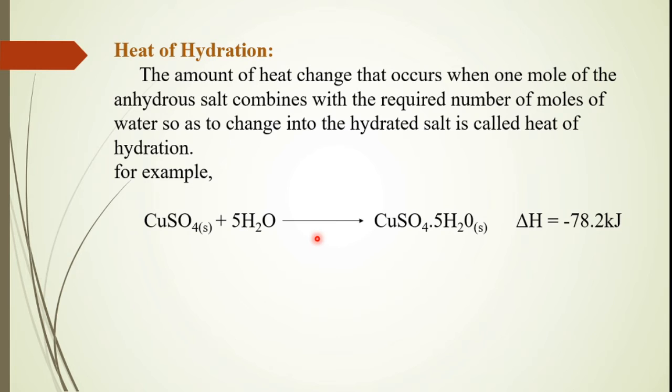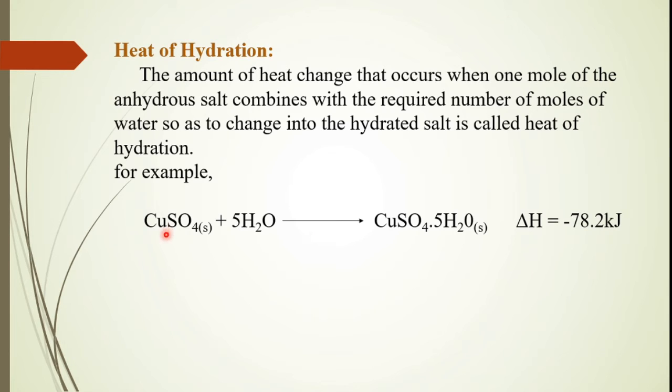So the next is heat of hydration. That is the amount of heat change that occurs when 1 mole of anhydrous salt combines with the required number of moles of water so as to change into the hydrated salt. That means when anhydrous salt changes to the hydrated salt, the amount of heat absorbed or released is called the heat of hydration.